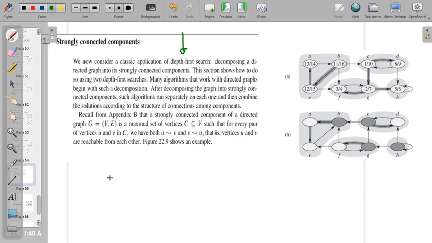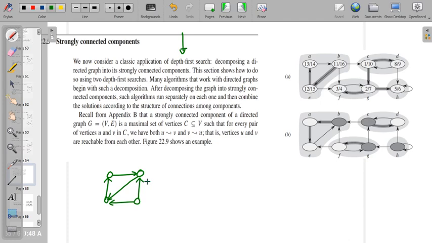So say I am having a graph, say like this, and say from here to here, and say from here to here.